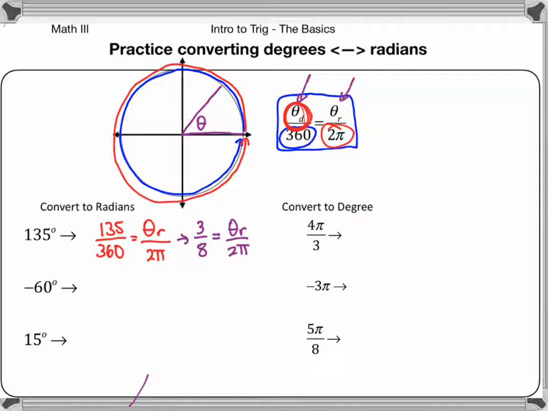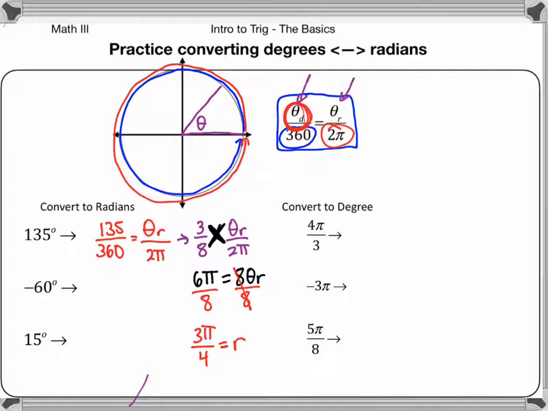So what I want to do now is cross multiply. I get 3 times 2 pi, which is going to give me 6 pi, and 8 times theta r, which gives me 8 theta r. Then I want to know what theta r is, that is the radians, so I divide each side by 8. Those go out, and I end up with 6 pi over 8, which is the same as 3 pi over 4 radians.